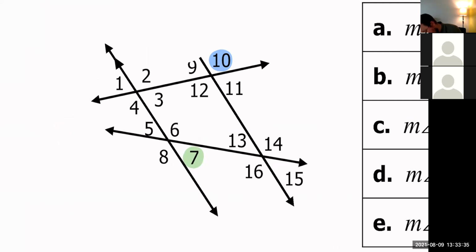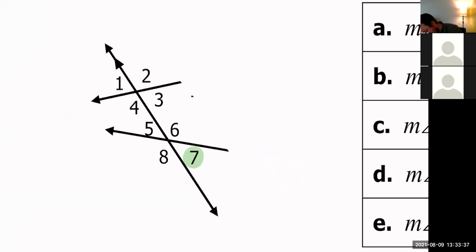I asked you for just a moment to imagine that relationship there. Is that a transversal intersecting parallel lines? It is not. Sure, it is a transversal, but it is not intersecting parallel lines.